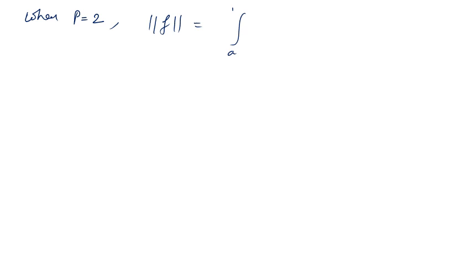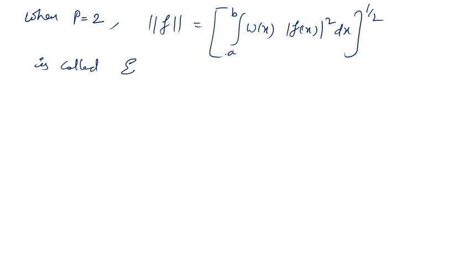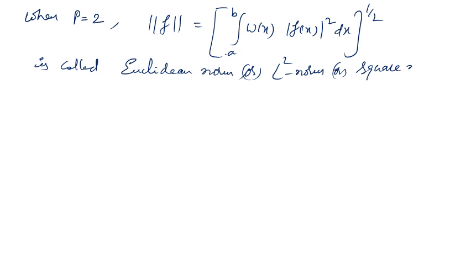This is the integral a to b w of x mod f of x square dx, whole power 1 by 2. This is called the Euclidean norm, or simply the L2 norm, or another name, the square norm.